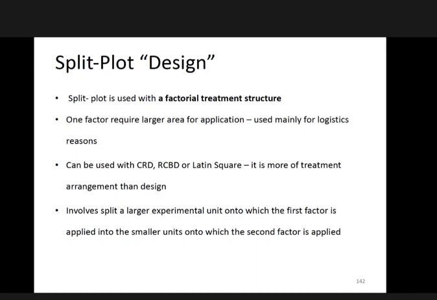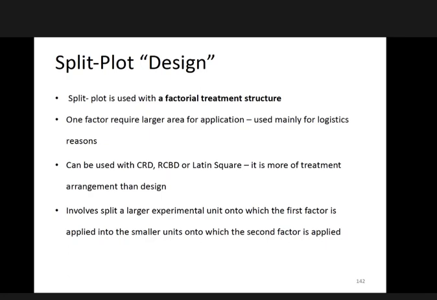Now, let's say I have 3 different temperatures, as I indicated: 110, 120, 130.